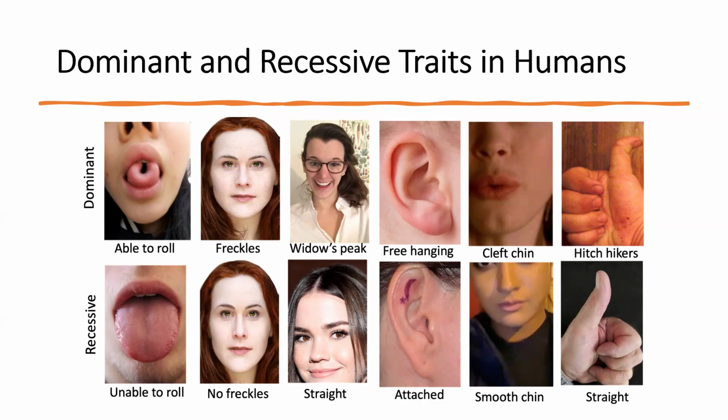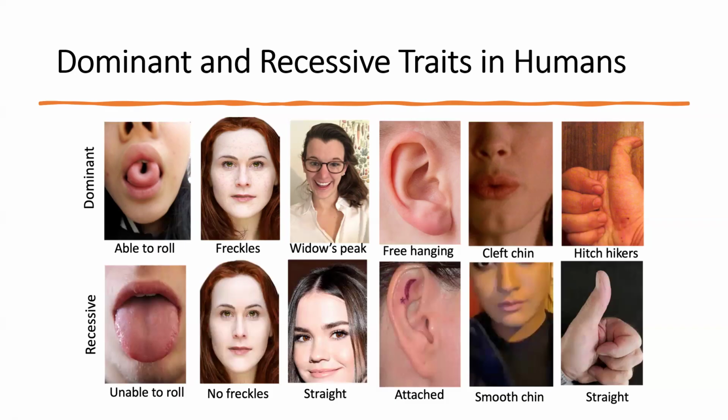So if neither of you can roll the tongue and one of your kids rolls the tongue, we got a problem, okay? Freckles is dominant, and no freckles is recessive. Again, to preserve a recessive trait, you have to find someone who also has the recessive trait. Okay, then it's guaranteed.